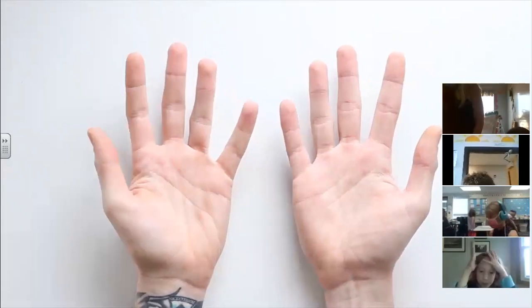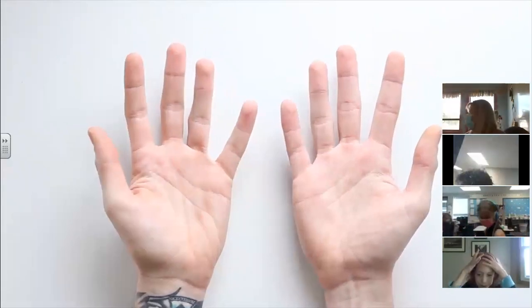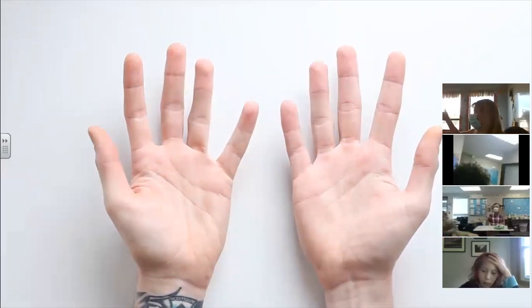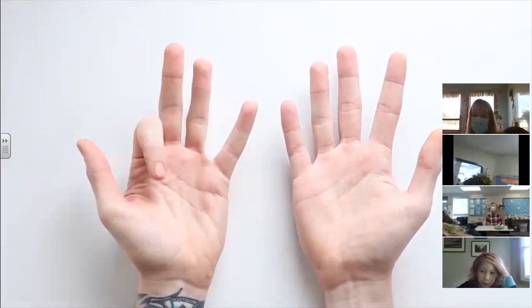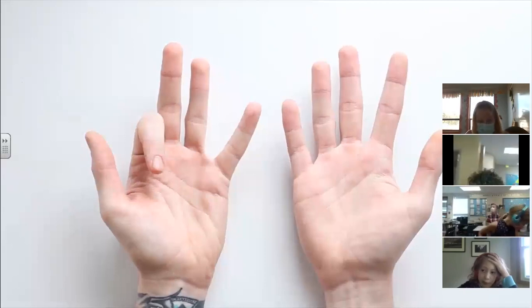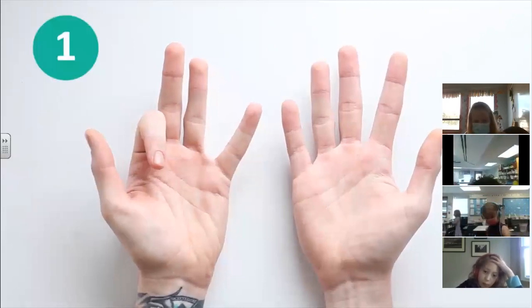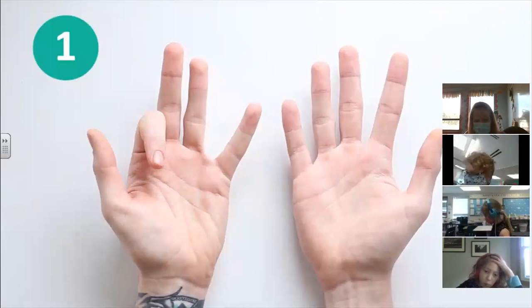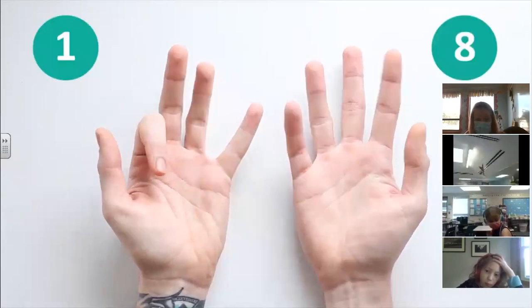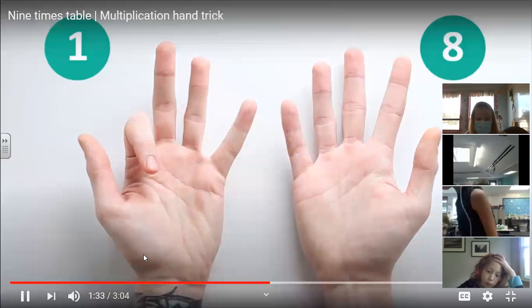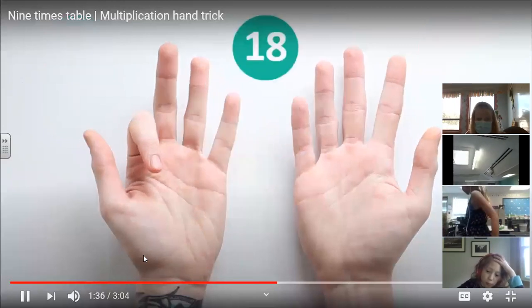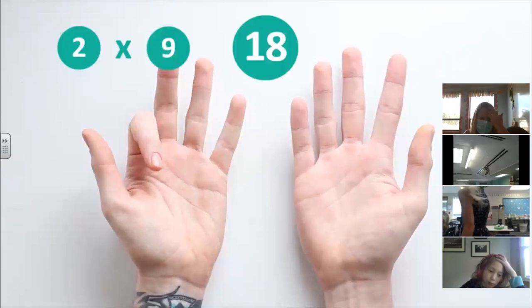Now we could do 2 times 9. This time, fold down your first finger, the one we called 2. On the left of that finger is 1 thumb, and on the right are 8 other fingers. 1 and 8, that's 18. So 2 times 9 is 18.